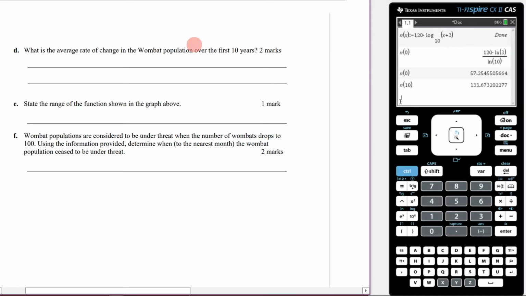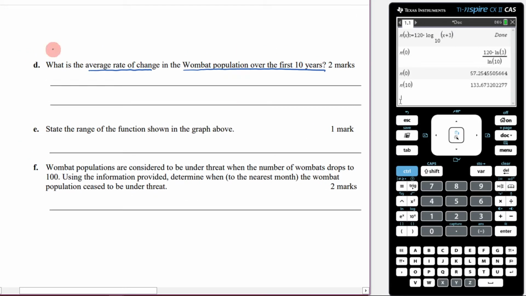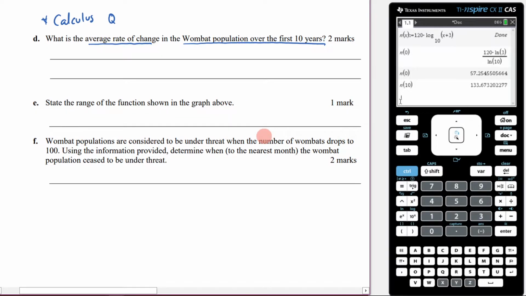Next, what is the average rate of change in the wombat population over the first 10 years? Now, this again is a little bit more of a calculus question, so you're unlikely to see this in this topic, but later on you definitely will see them. To figure out the rate of change of something, you want to figure out the difference in the y divided by the difference in the x.